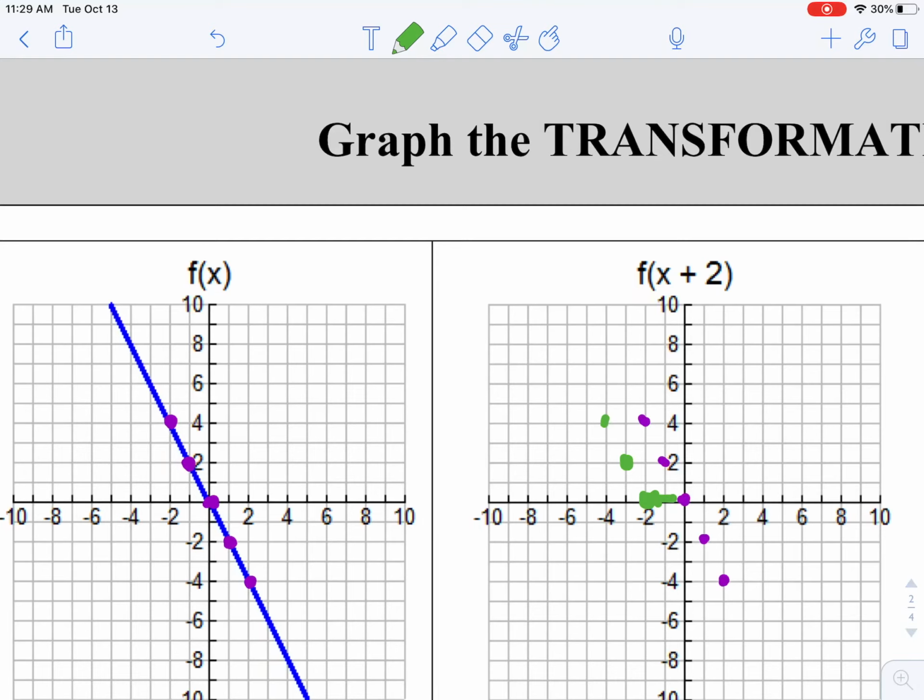So I am moving each of these points right to the left 2, and that is my new linear graph. Let's see if I can make this so you can see it a little better.